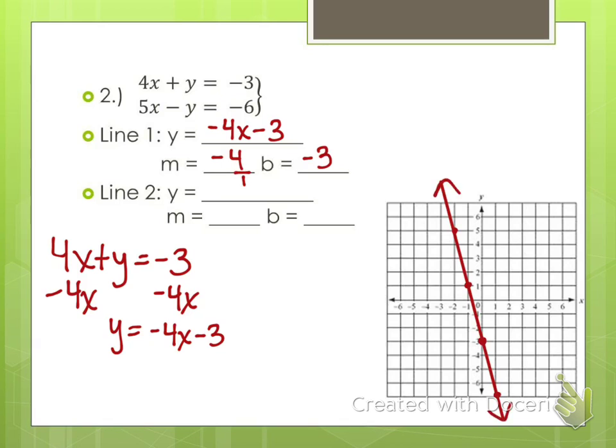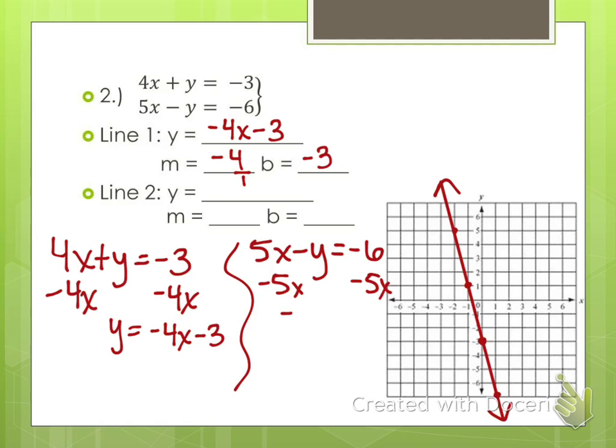Then we move on to the other line, line 2. Line 2 is 5x minus y equals negative 6. We need to get y by itself. Kelby, what was your first step there? Wonderful. Subtract 5x. That leaves us with negative y equals negative 5x minus 6.